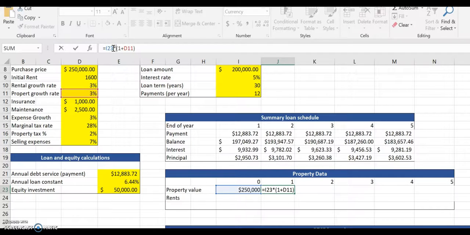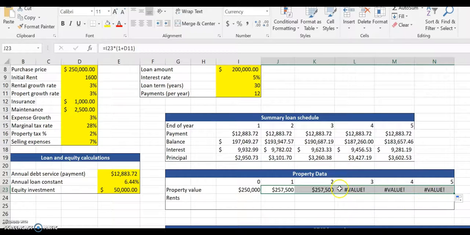Multiply those. There we go, and then we should be able to pull that across.